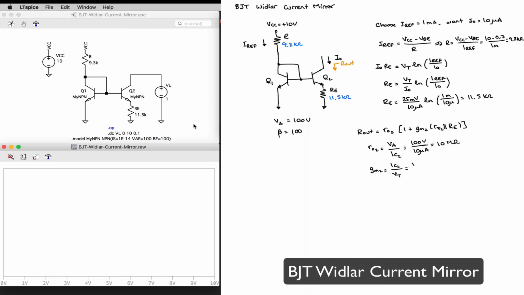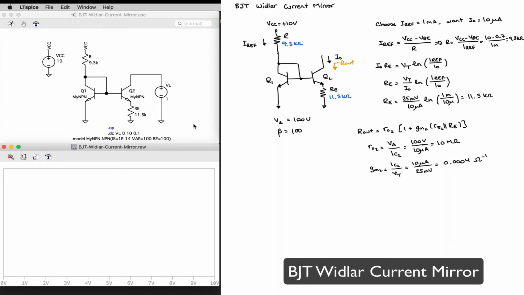So in this case it will be 10 micro divided by 25 millivolts, or 0.0004 ohm to the minus 1. r pi 2 is going to be beta divided by gm2, which will be 100 times VT, which is 25 millivolts, divided by 10 microamps, which is 250 kilo ohms, and RE is just 11.5 kilo ohms.